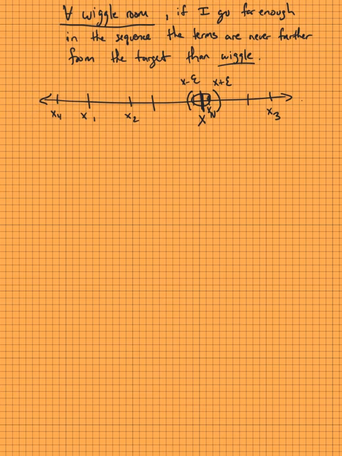So let's do some examples. Some of them we've seen before. The first is that the sequence 1 over n goes to 0. This is similar to the statement that the nested intervals 0 to 1 over n have intersection 0, and we've seen before that there's a similarity between sequences and nested intervals.